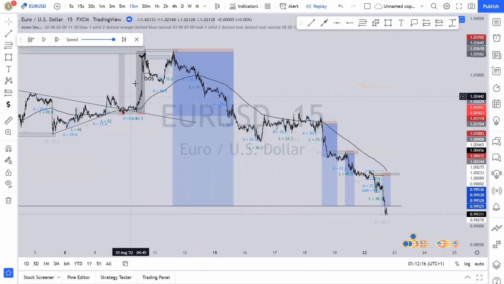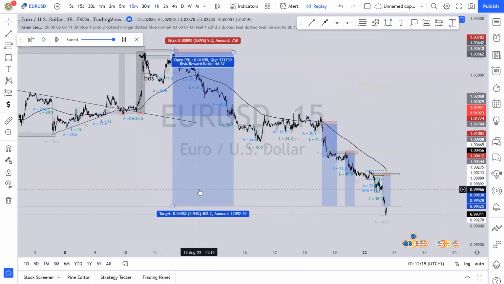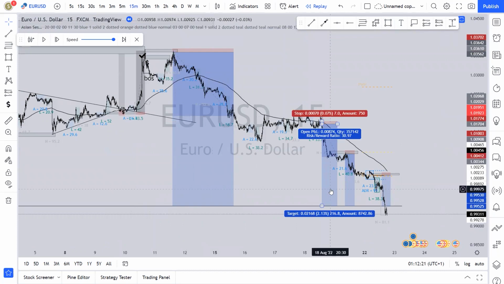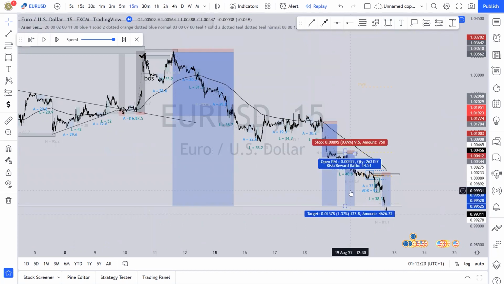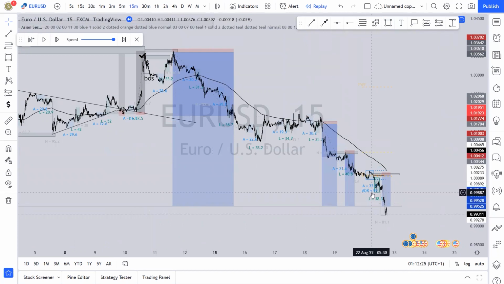We cut this about 160 pips, this over 400 pips, this over 216 pips, this over 137, and that was how we were able to swing EURUSD while at the same time catching trades along the line. So if you understand this basic concept, I think every single trade that you take should be much clearer and more understandable. And I want to believe that this video has really helped you.